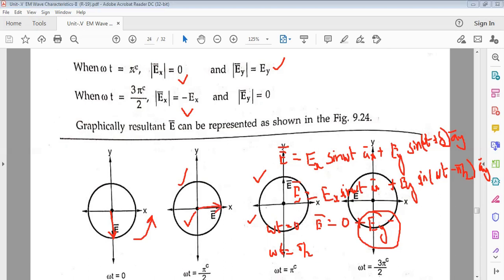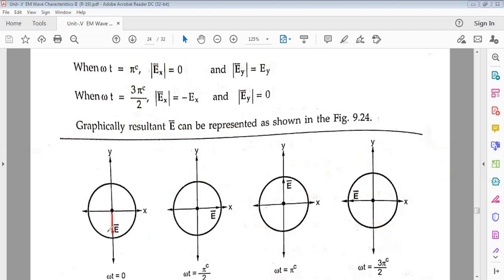Then at omega t equal to pi, 180 degrees, it moves in the positive Ey direction here. The start is minus Ey bar, then Ex, then Ey, and the last term at omega t equal to 3 pi by 2 is a minus. And we can trace all these points, you will get a circle.